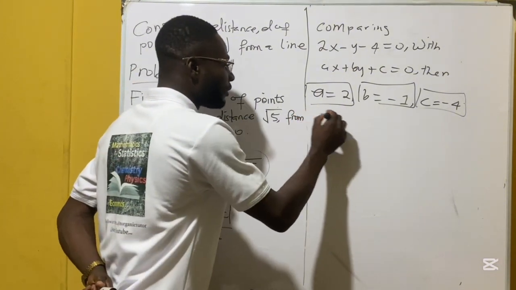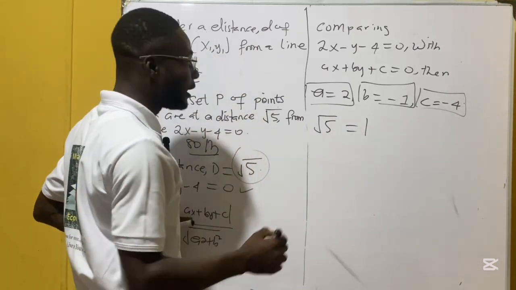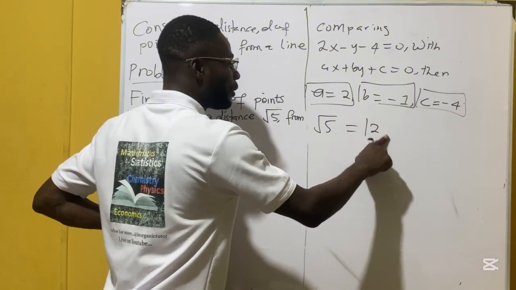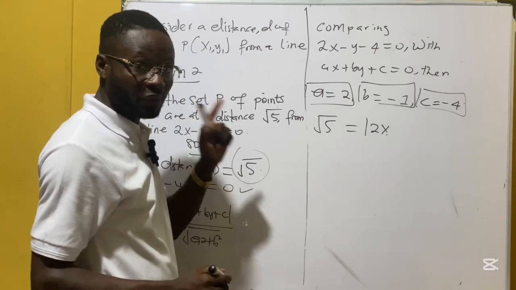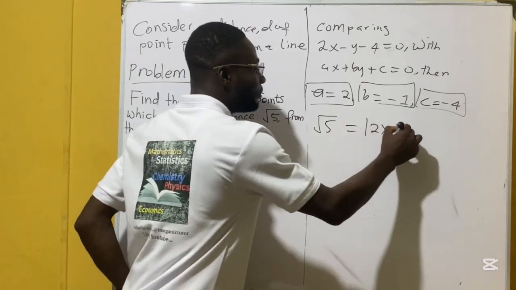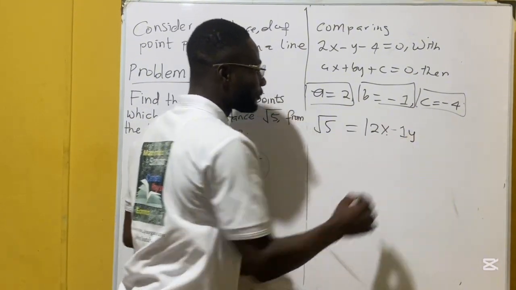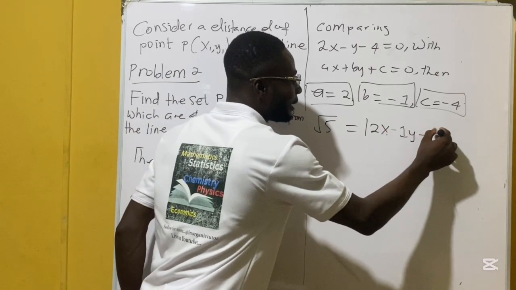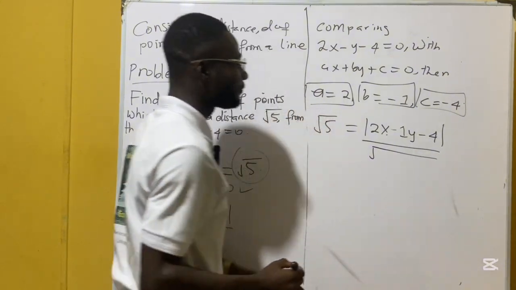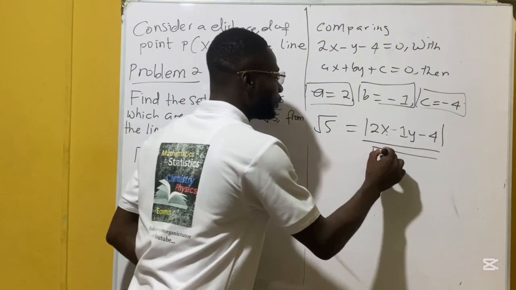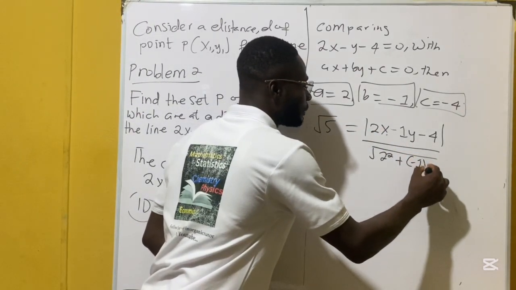So we're going to have square root of 5 equals the absolute value of a, which is 2, times x. Here we don't know our x because we are interested in the set P of points. Plus b, which is -1, times y, then our c is -4, over the square root of a squared, 2 squared, plus b squared, -1 squared.